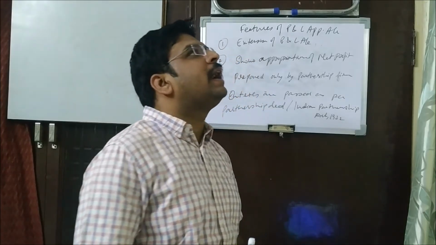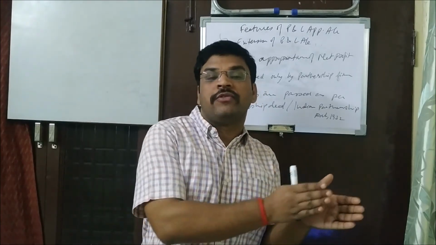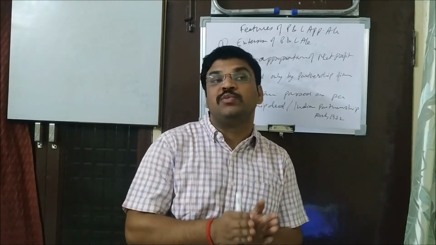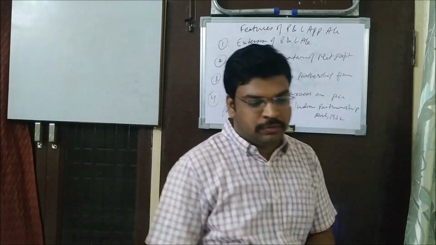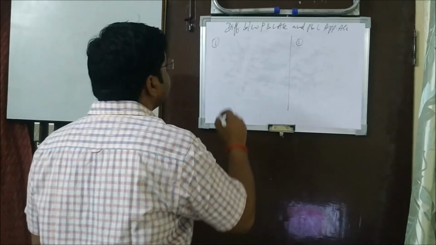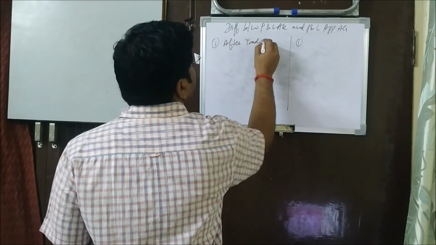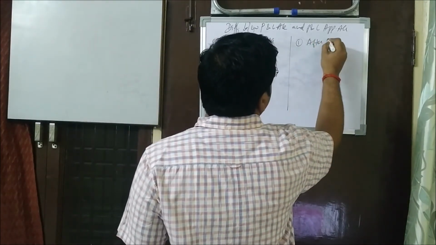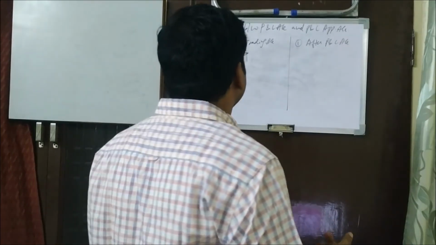Now let's understand in detail how it differs from the profit and loss account. What are the points of difference between profit and loss account and profit and loss appropriation account? The very first point: the profit and loss account is prepared after the trading account, and the appropriation account is prepared after the profit and loss account. Very nominal difference.